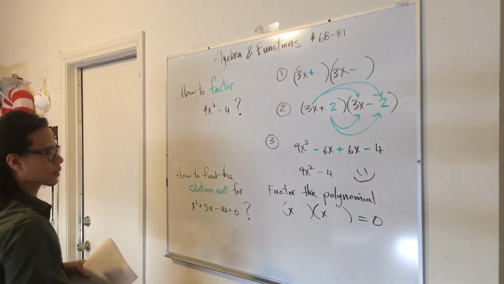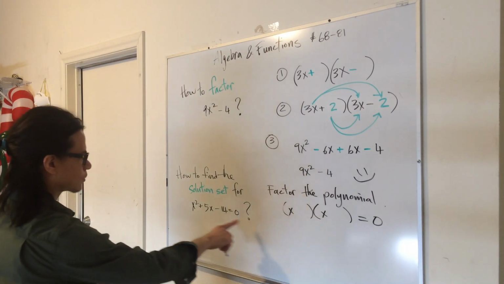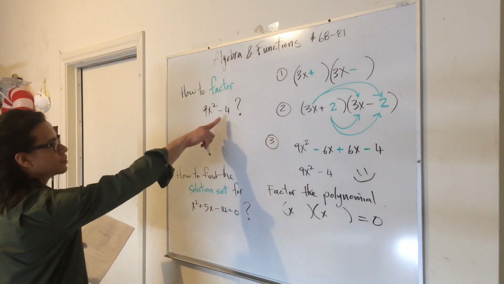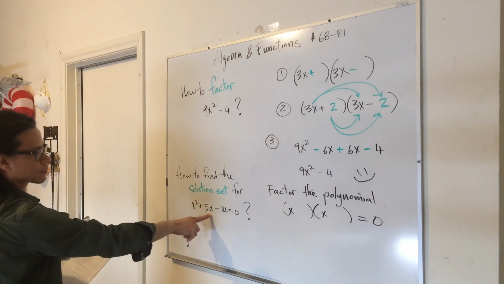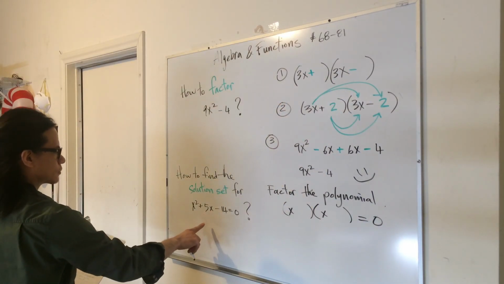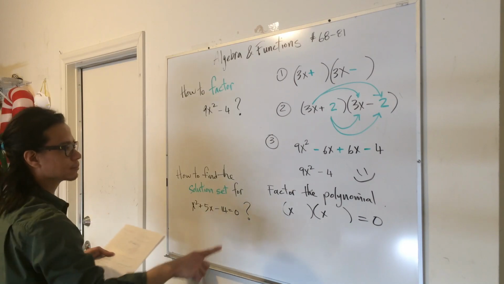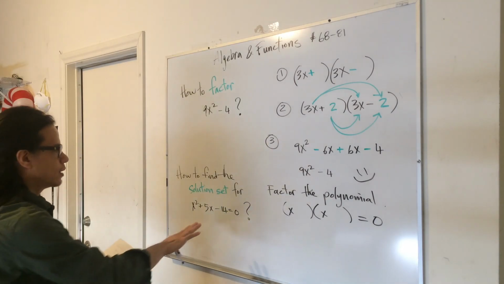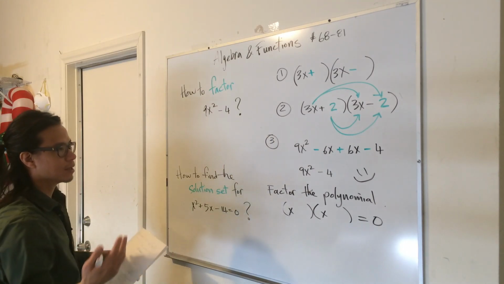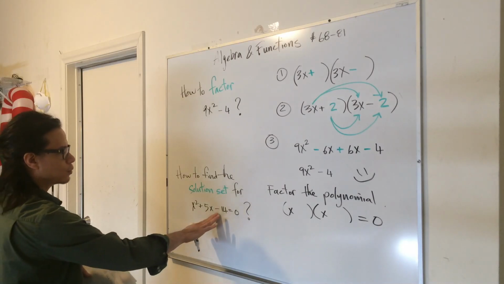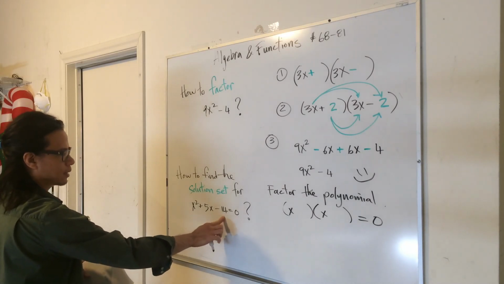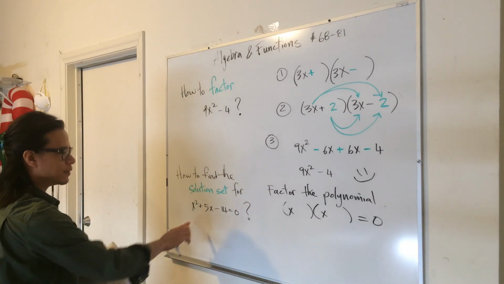Now, because there is a middle term here, see how there's an x term as opposed to no x term there? Sorry, scratch that. This is an interesting scenario where we need to find out two numbers that multiply to get negative 14 and add to get positive 5.